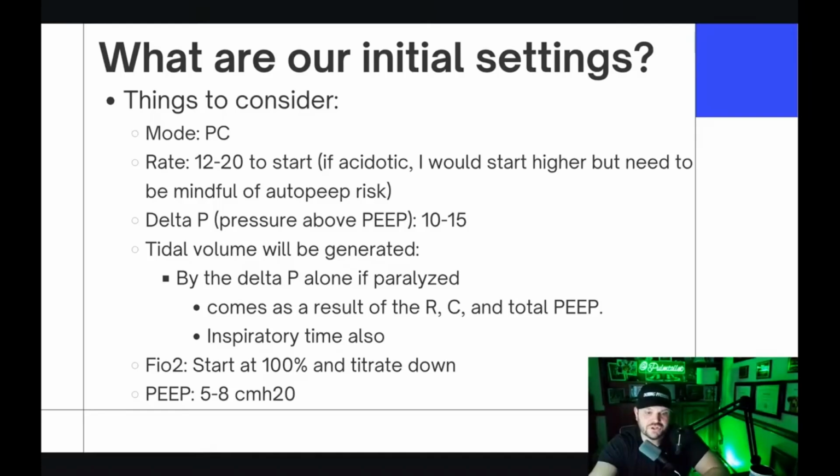So your volume is going to go down ultimately. Which is my argument for not using pressure control with asthma, unless you're really paying attention, is that your volumes could drop off, and if you don't set your alarms tight enough, no one might recognize it, right? So you can have a volume of 500 with a delta P of 15.